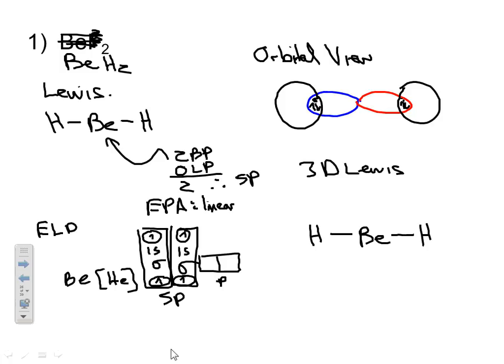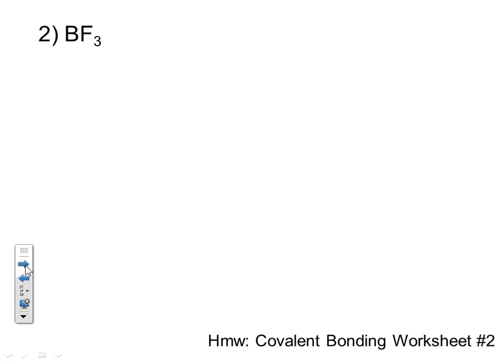Let's take a look at a boron compound. Again, I used F, but I'm going to change that to an H. We don't want to draw all those F's. So let's deal with BH3.